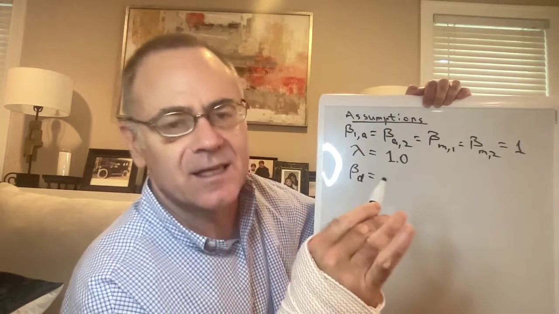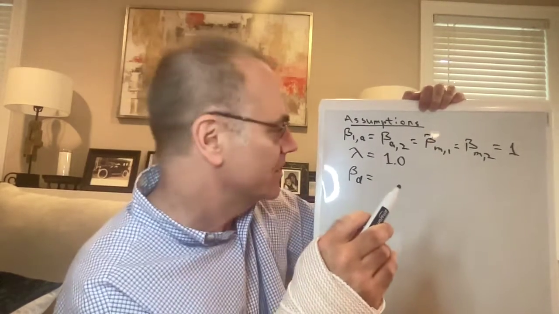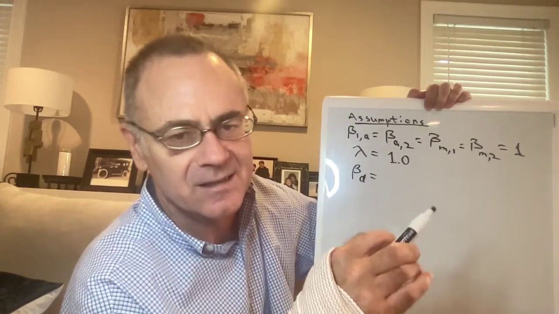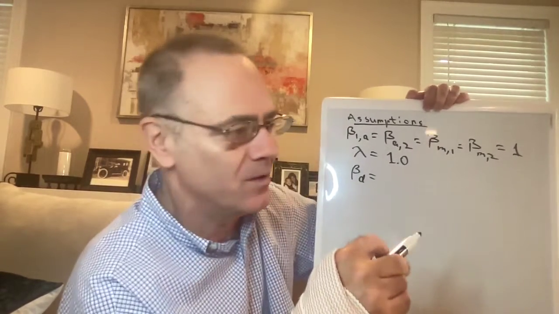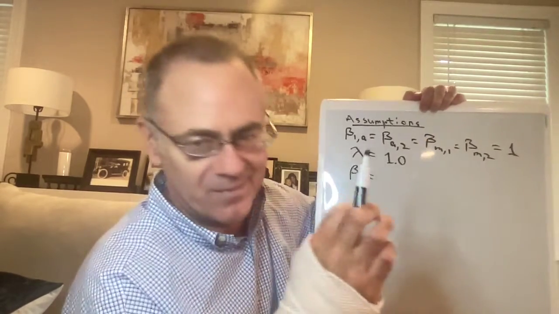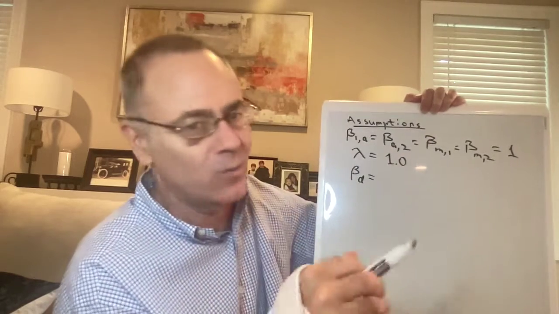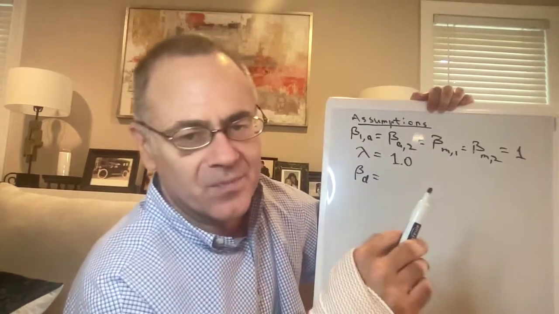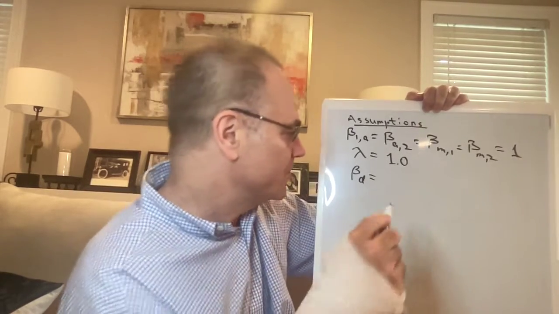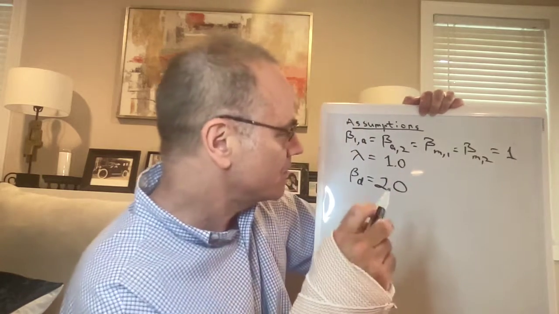This is the democratic peace coefficient. If both countries happen to be democracies, he's going to assume that both of them have a greater preference for peace. A little ad hoc, but this is important. It matches the data, and this incredibly well documented empirical regularity in the international relations literature. So beta D is going to be set equal to 20.